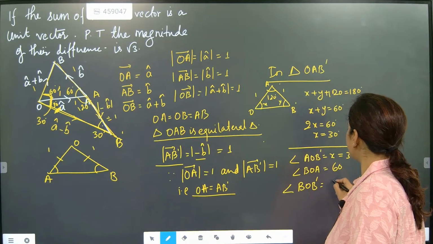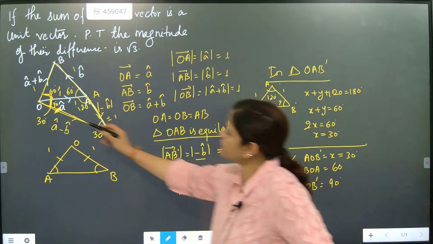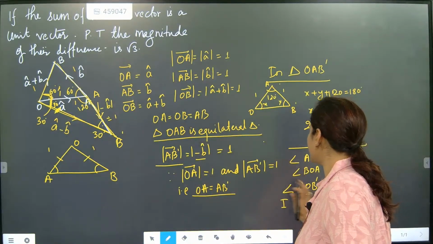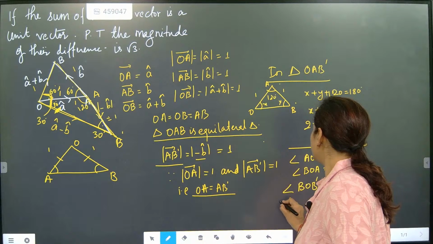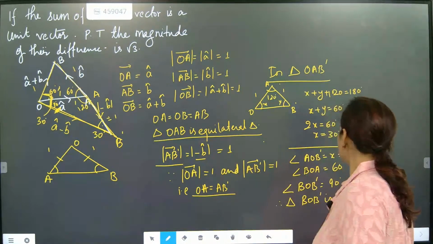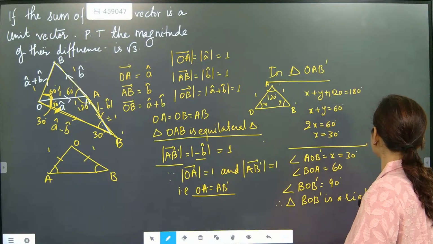So this part summation will come 90 degree. So we are going to summarize it as: therefore triangle BOB dash is a right angle triangle.